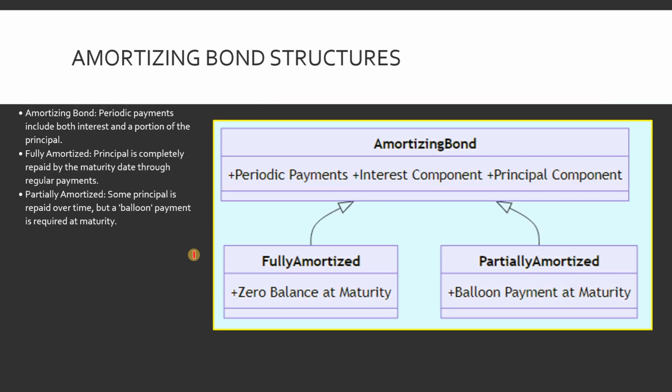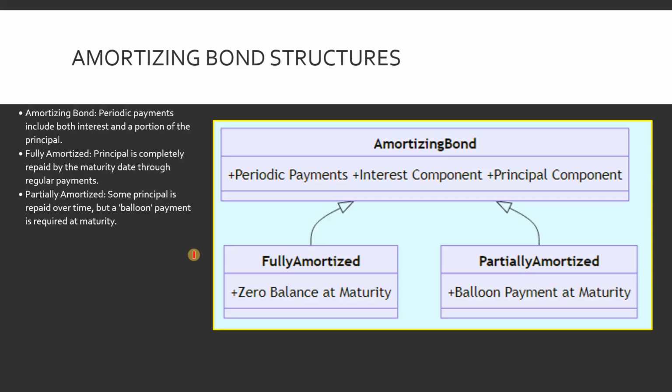Now, the amortizing bond structure. Unlike bullet bonds, amortizing bonds pay back parts of the principal along with interest over the life of the bond. This reduces the outstanding debt gradually. We distinguish between two types. In a fully amortized bond, the fixed periodic repayments are calculated so that the principal is reduced to zero by the maturity date.